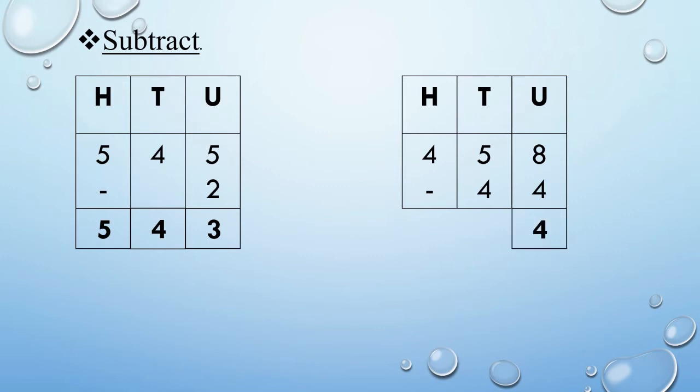Now let us move to the tens column. 5 tens minus 4 tens is, 5 minus 4 is 1. Now let us move to the hundreds. In the hundreds we have only one number, that is 4. So 4 will remain as 4. So the answer is here 4 hundreds, 1 ten and 4 units. So here 414. So the answer is here 414.